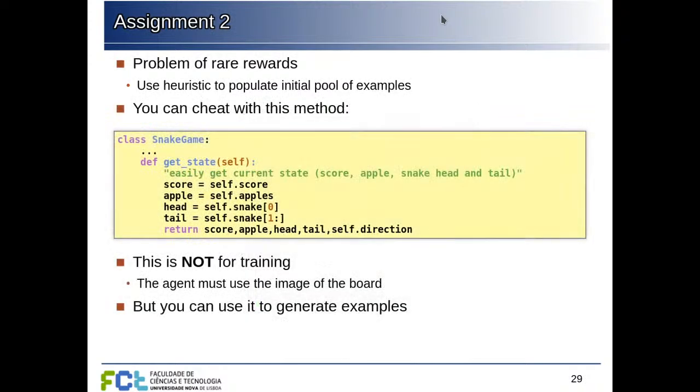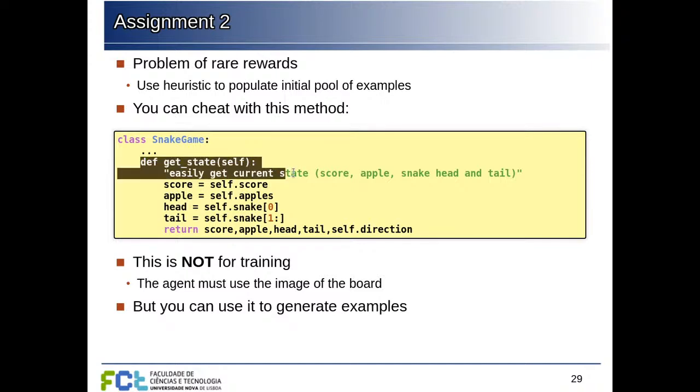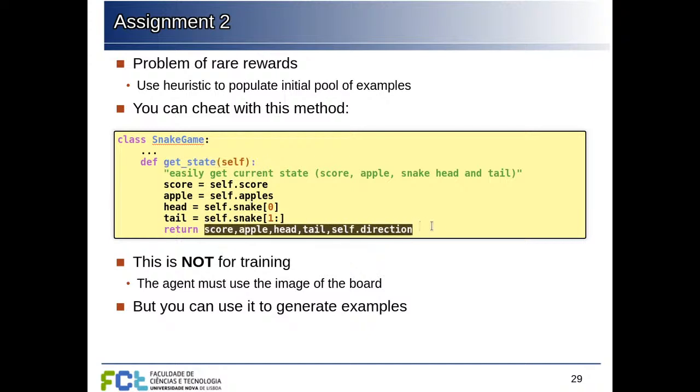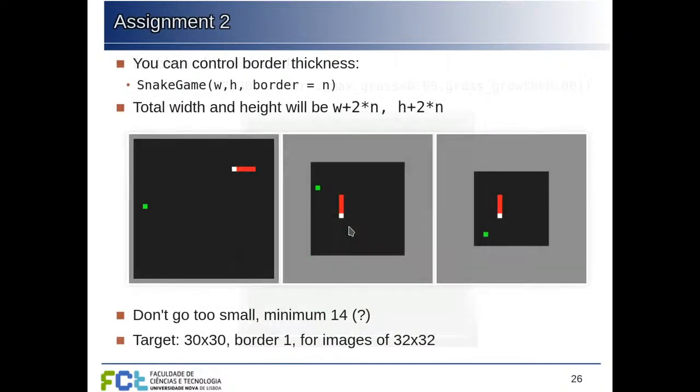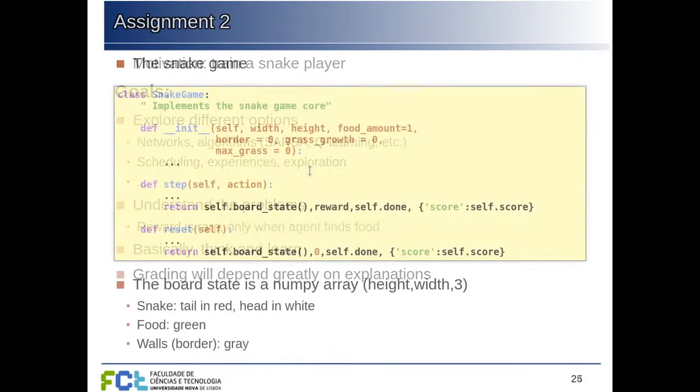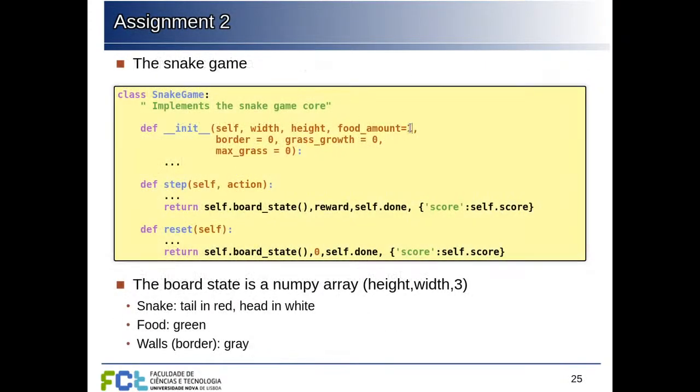To do this, you can use this cheat here, which is a get state method on the snake game that gives you the actual state of the board. So what the score is, where the apples, the food are. You can use more than one. By default there is only one food item at a time, one apple at a time.